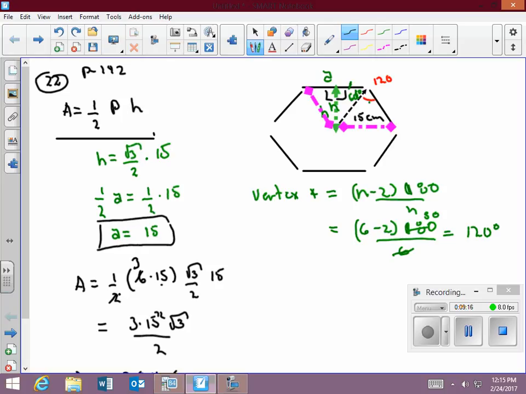So there's 6 of those going around, and that gives us the perimeter. And then the height is this right here. So that's 3 times 15 squared, square root of 3 over 2.